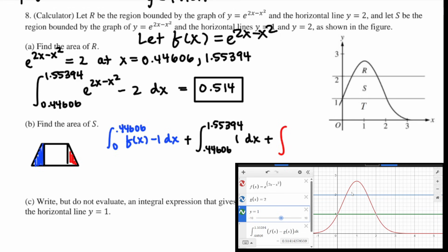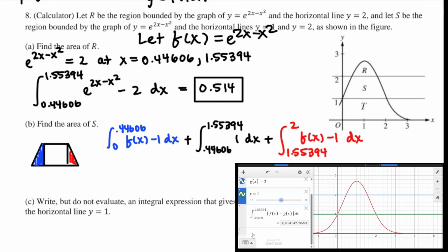And then they just subtracted out the area of region R, which would have been smarter, but I'm already this far in, so I'm just going to say, all right, from 1.5539 up to, that looks like x equals 2. And we can see on the calculator, right, that's x equals 2, y equals 1 on f of x minus 1 dx.